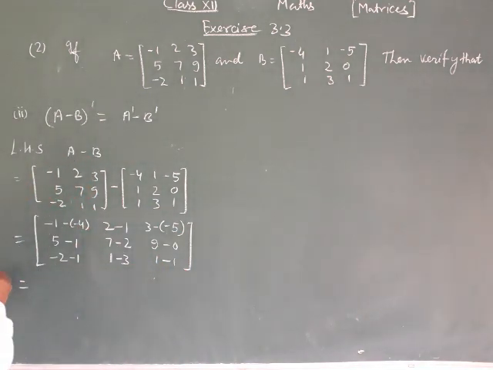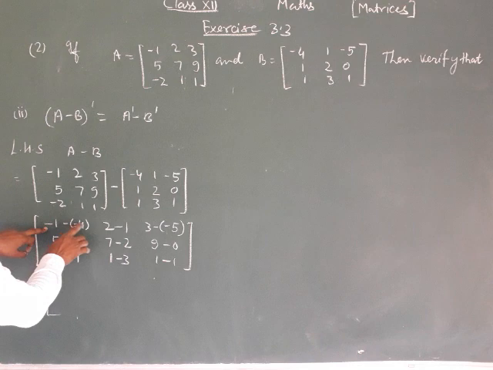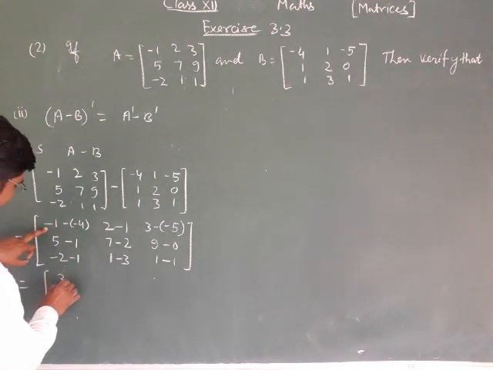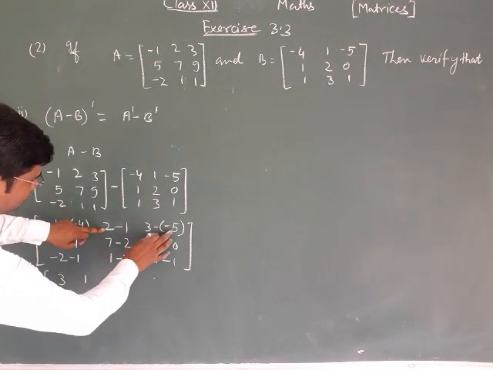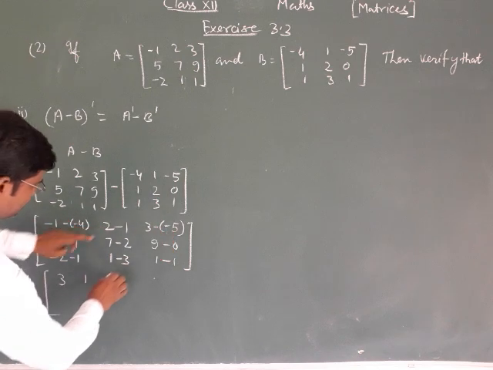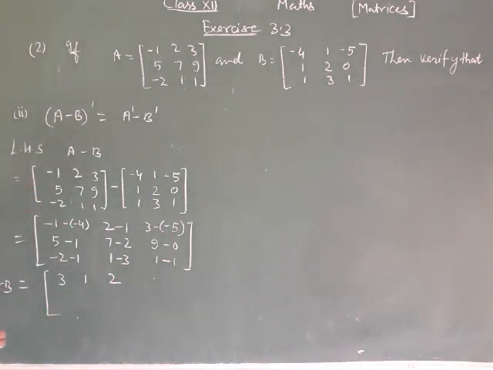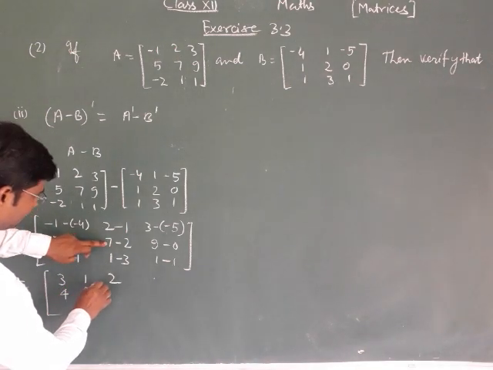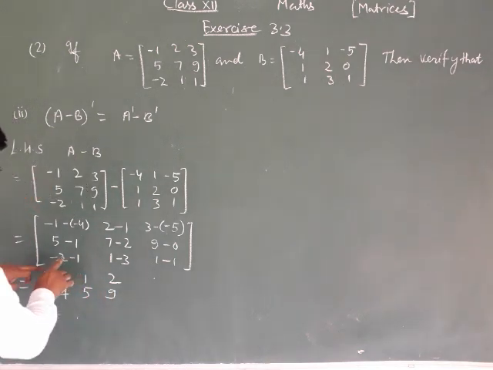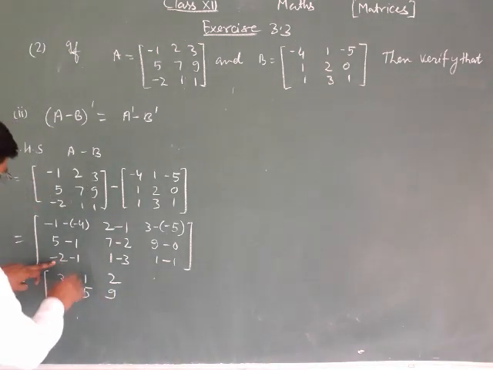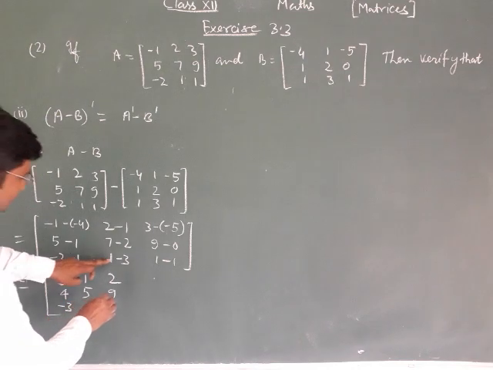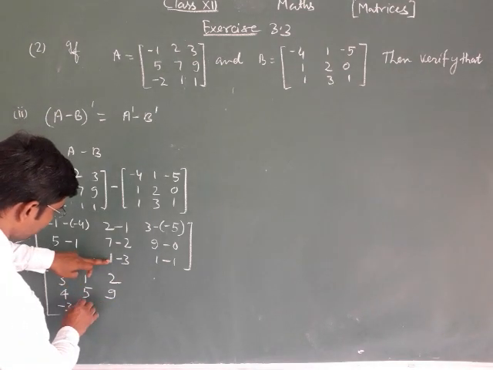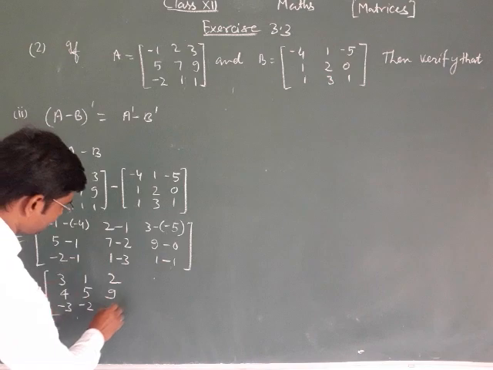So this is A minus B. So A minus B, so minus plus 4 minus 1. So this is 3 and 1. So 5 plus, and this is 2 and 4. So 5 and 9. Also 2 minus 3 and 1 minus 3. So this is minus 2 and 0.